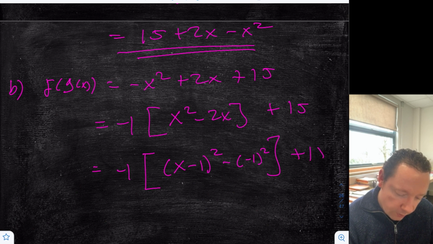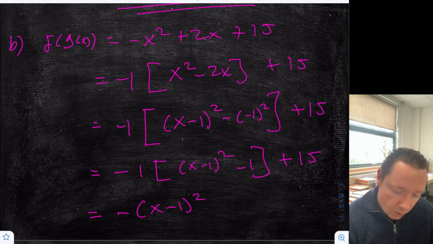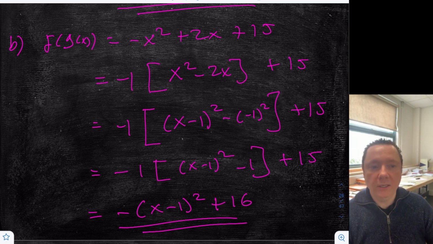I've still got plus 15. So that gives me minus 1 times (x minus 1) squared, take away 1, plus 15, which is minus (x minus 1) squared. Minus 1 times minus 1 is 1, so 1 plus 15 is 16. And that's it in completed square form.